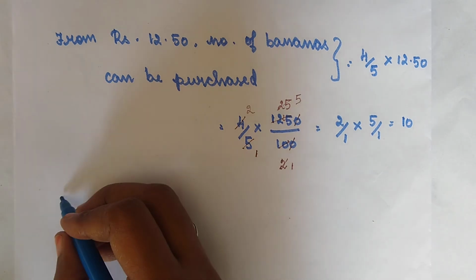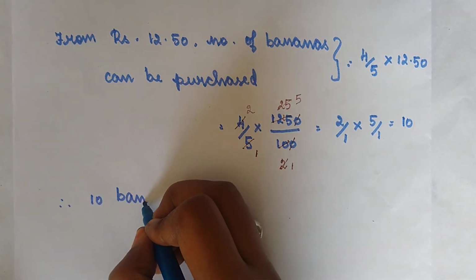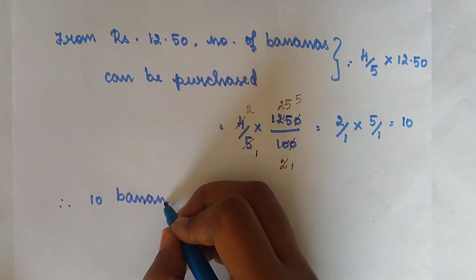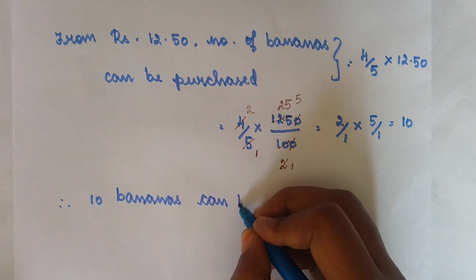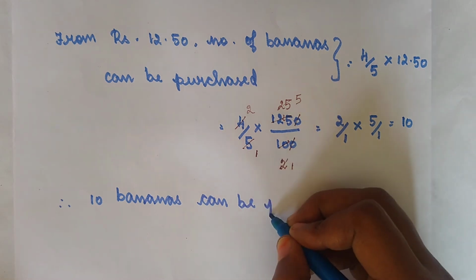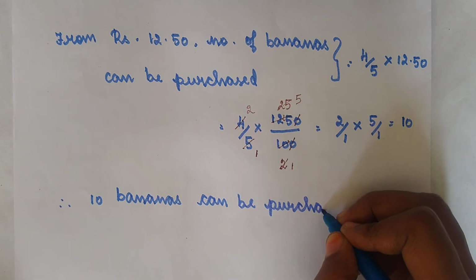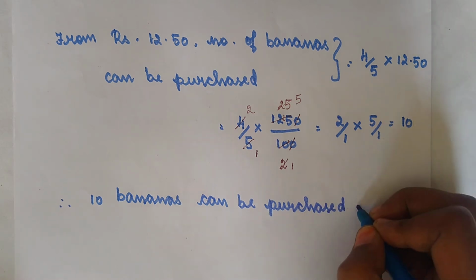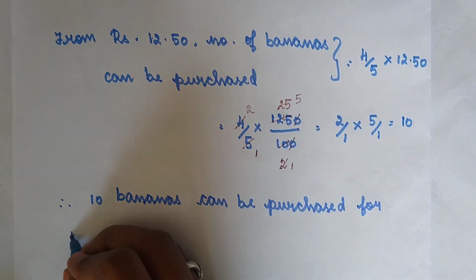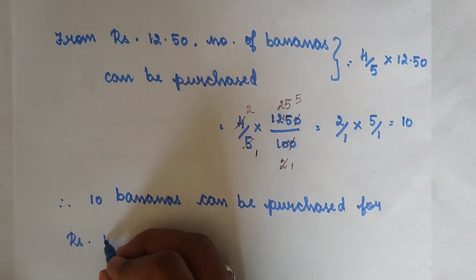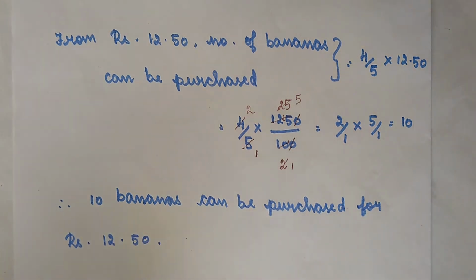So we can write 10 bananas can be purchased for rupees 12.50. This is our answer.